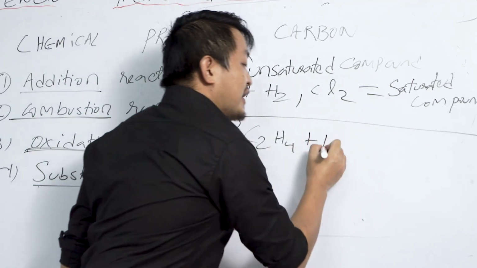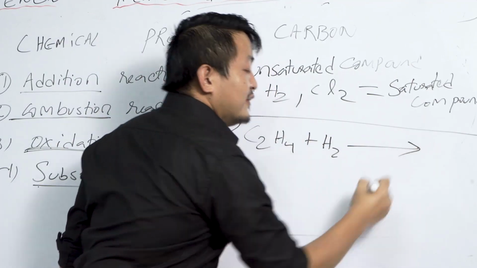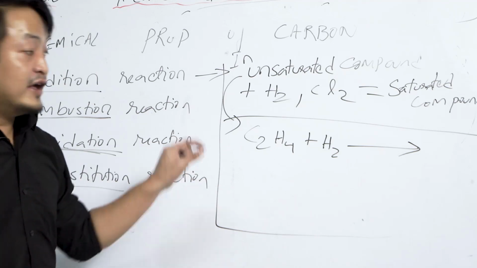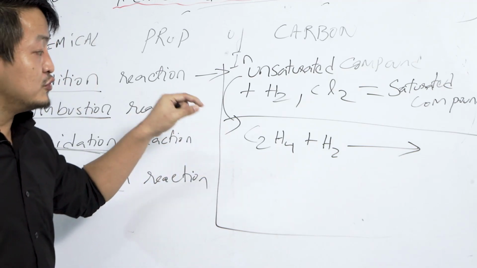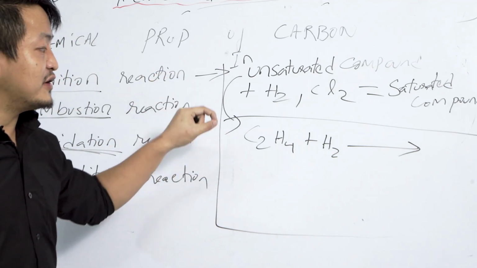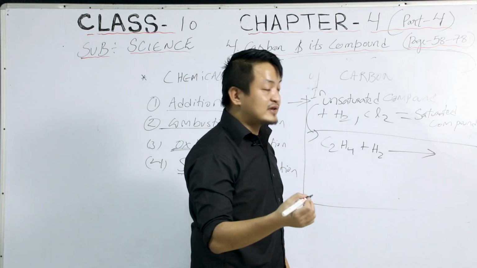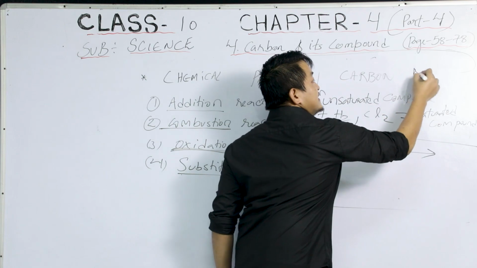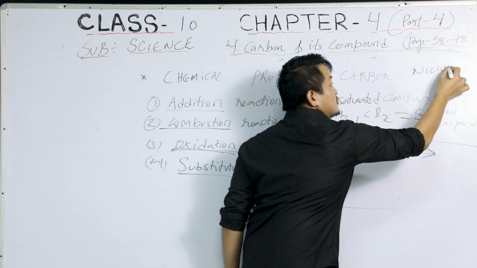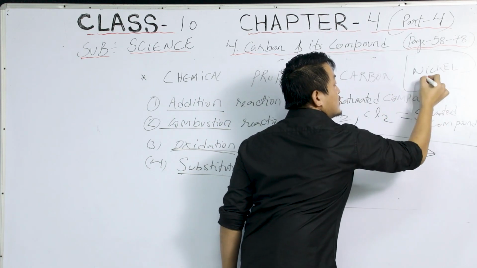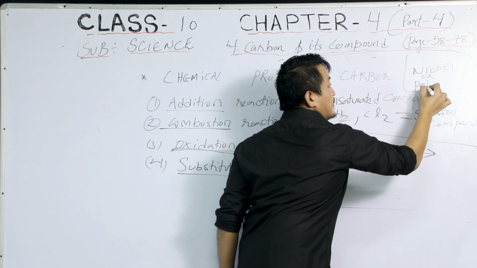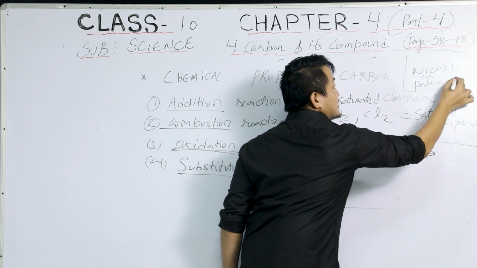Now let's add hydrogen. What do we need in order to make this reaction very fast, quick? We need a catalyst. What is the name of that catalyst? We can use either nickel or palladium. Clear?